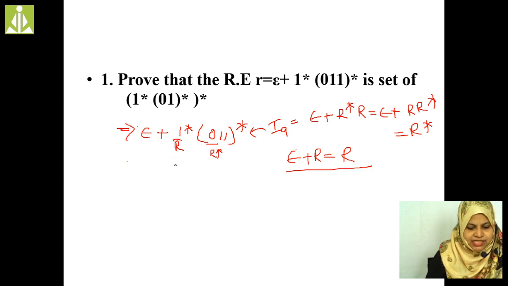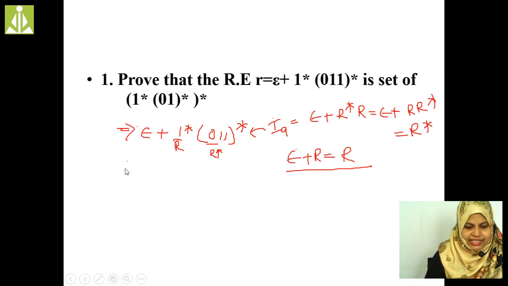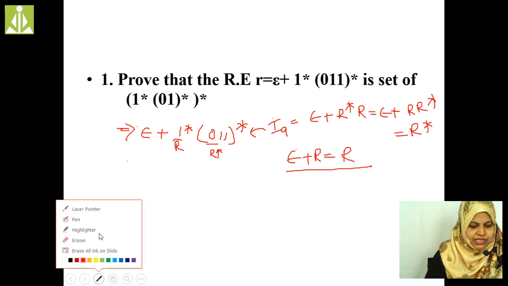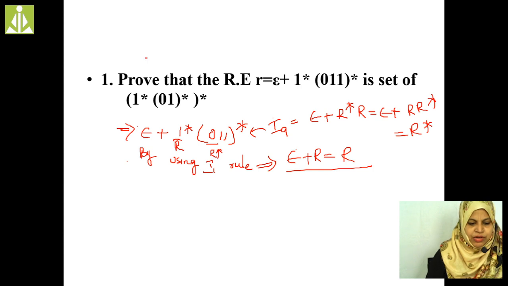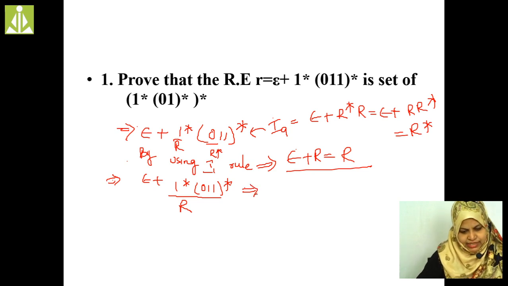If I take this as the complete R, then by using the I1 rule, epsilon plus R equals R. So epsilon plus 1 star 0 1 1 whole star, if I take this as the complete R, is equivalent to R. What is my R here? 1 star 0 1 1 whole star.